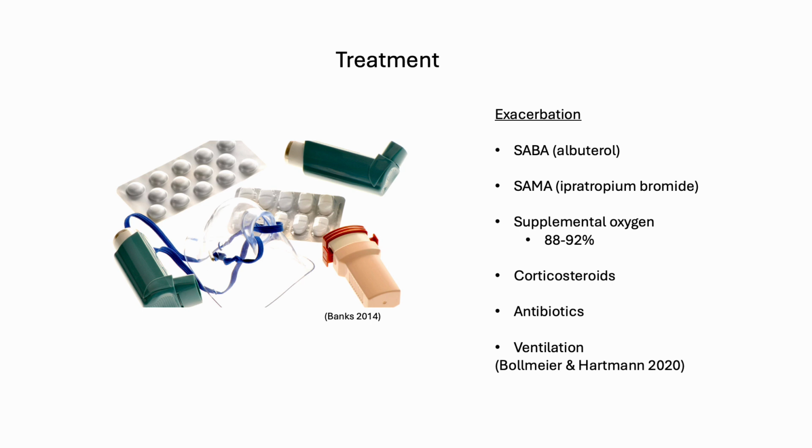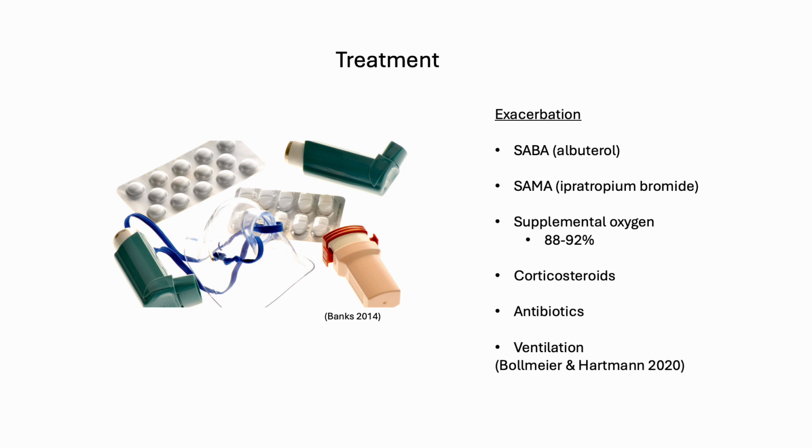So in acute exacerbations, treatment generally involves the use of short-acting beta agonists such as albuterol, either inhaled or through a nebulizer, and a short-acting muscarinic antagonist such as ipratropium bromide. In general, most patients with COPD will have target O2 saturations from 88 to 92%.